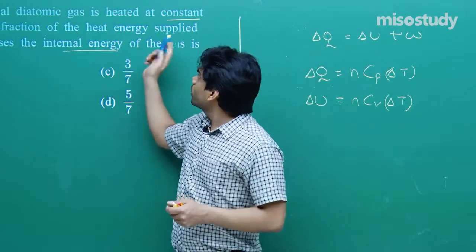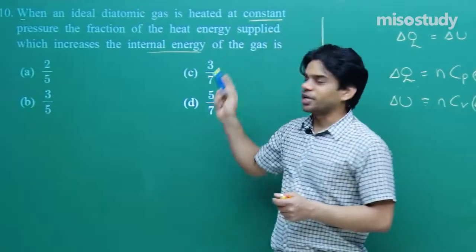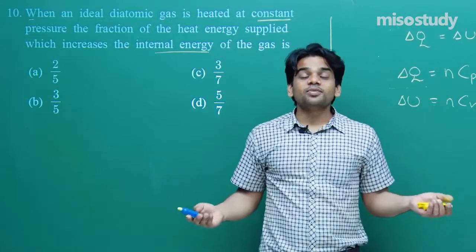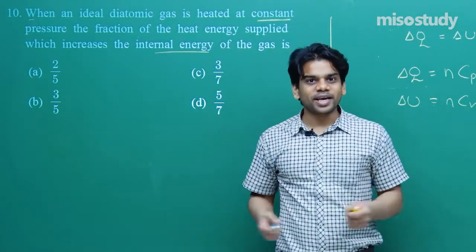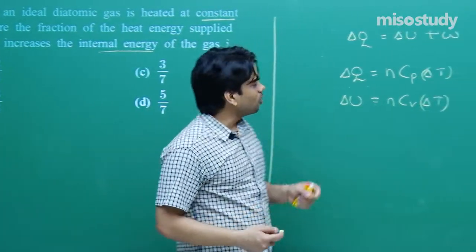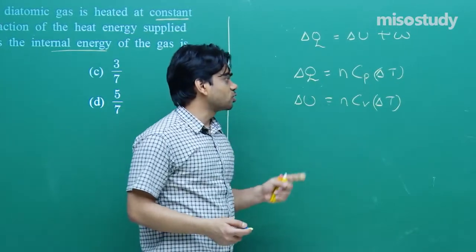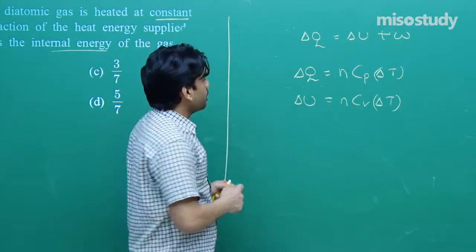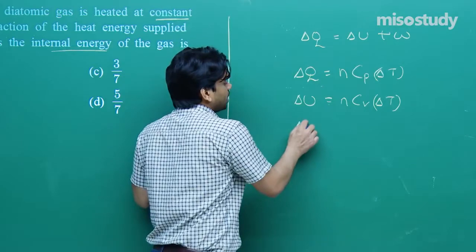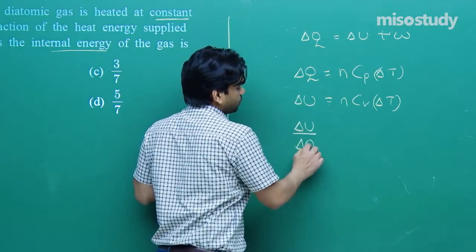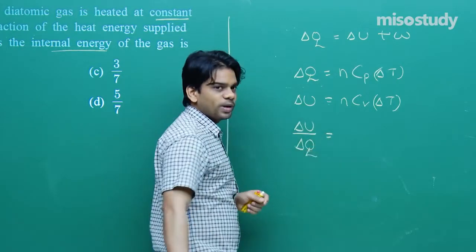Once again, at constant pressure, the heat energy supplied will be NCP delta T, and we all know that the value of delta U is NCV delta T. You need to find out delta U by delta Q.